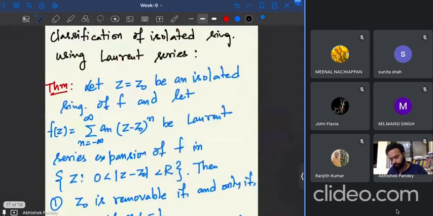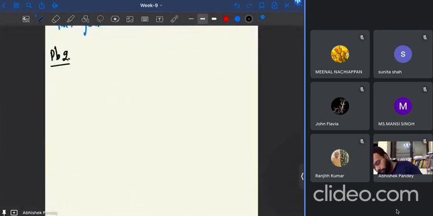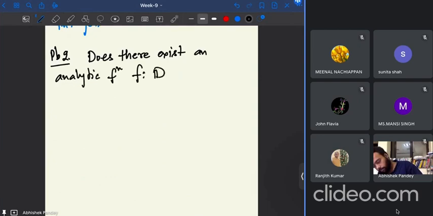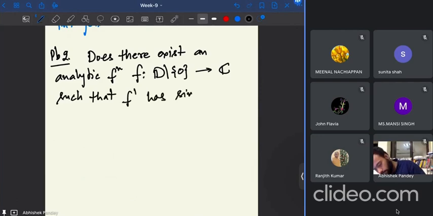So the question is, does there exist an analytic function f from the punctured unit disk to C, such that f dash has a simple pole at 0?